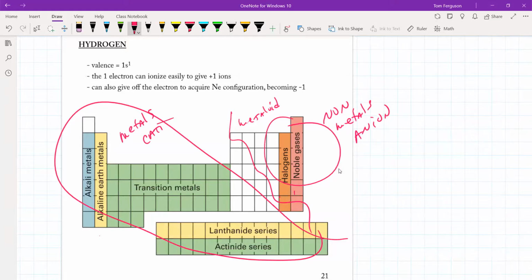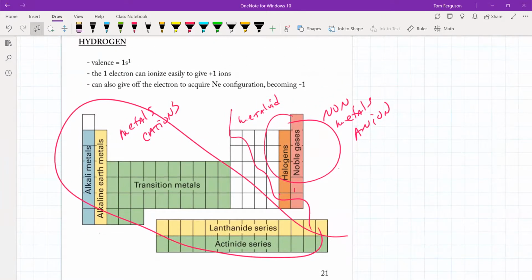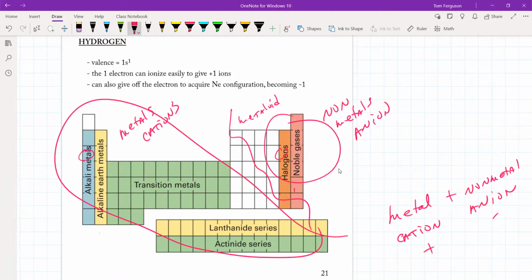Metals usually form cations. Frequently, whenever we have an ionic compound forming, we have a metal plus a non-metal, because cations are positive, anions are negative. Like sodium chloride.